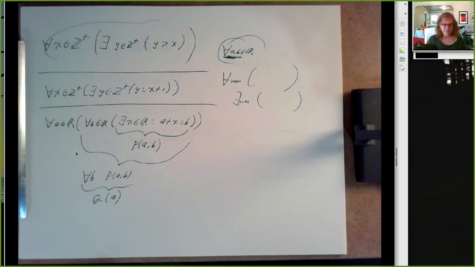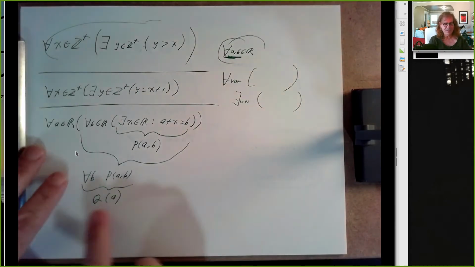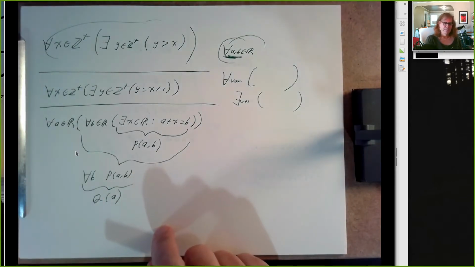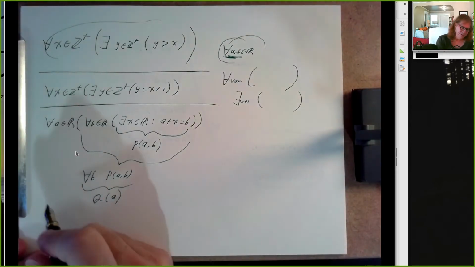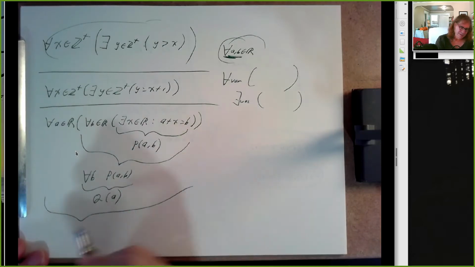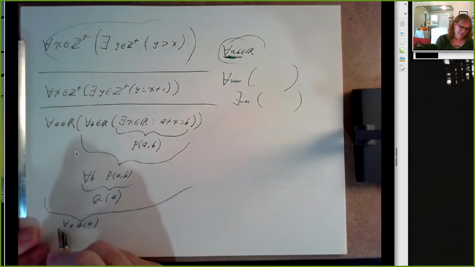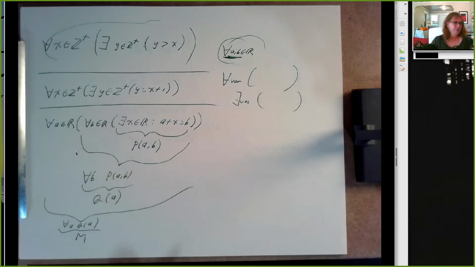Q of a is the proposition that for all b, P of a b is true. And then our original statement is simply for all a, Q of a. And we could call that some other proposition like M. And we could say, is M true or false?